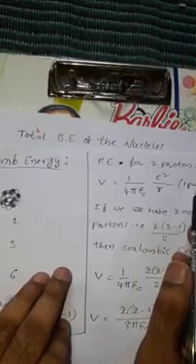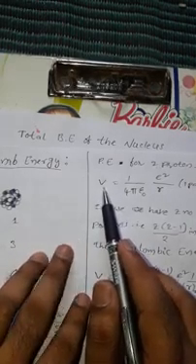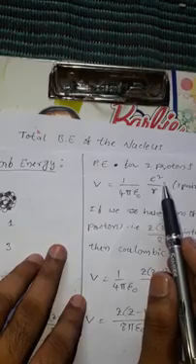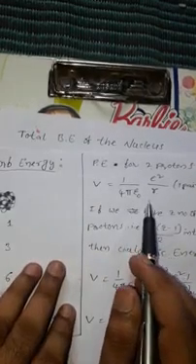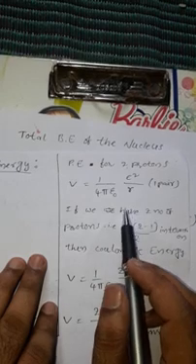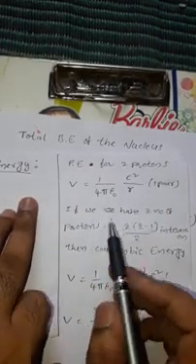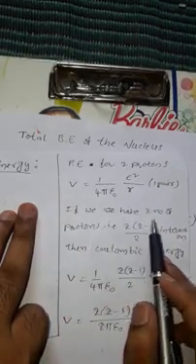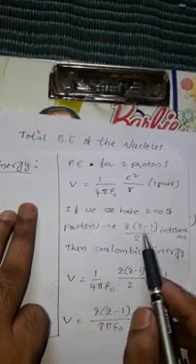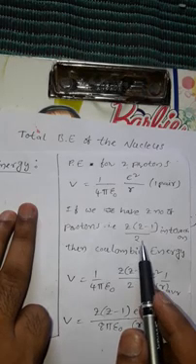So if there is only one pair of protons, then the potential energy for this pair of protons is V equal to 1 by 4 pi epsilon naught E square by R. Here R is the distance between the protons, and E is the magnitude of the proton's charge.